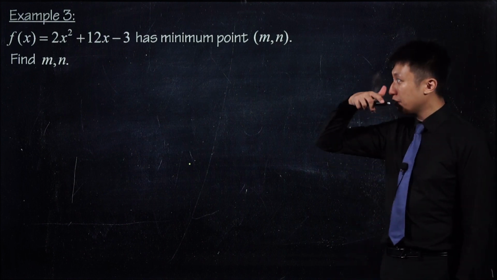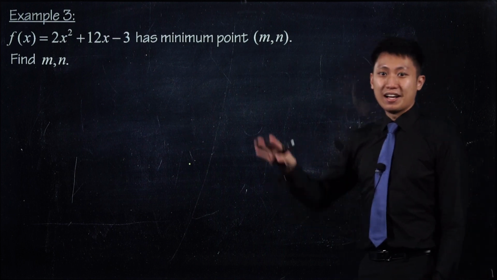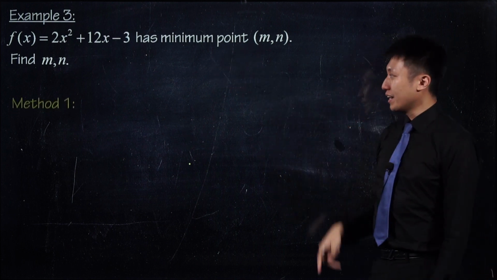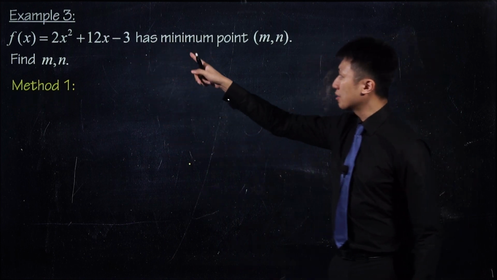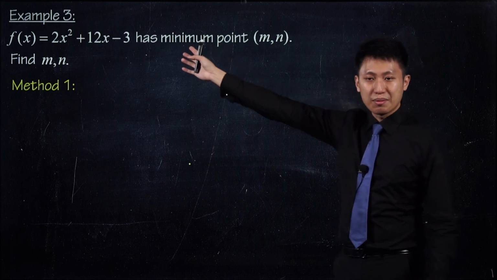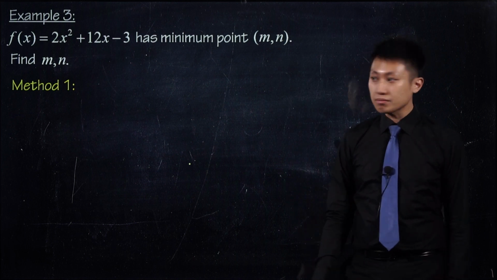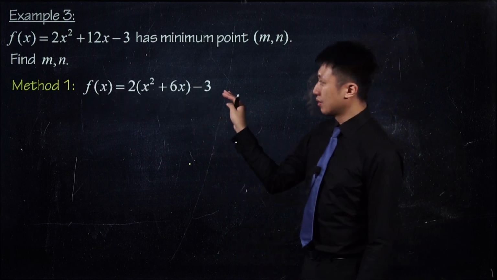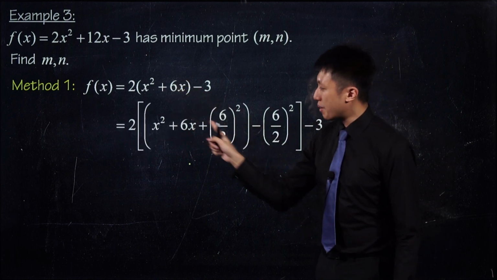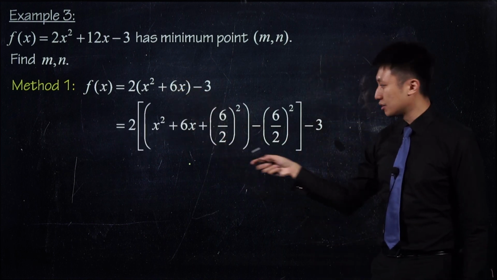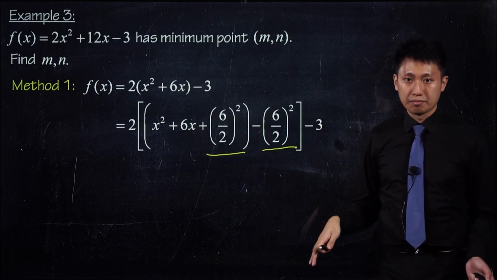Alright, so now the next one. I hope this is the last example, but it's very easy. Two methods. Let's do the first one. You have just a minimum point for this case because it's smiling. Minimum point (m, n). What do I do? I do completing the square: middle term divided by 2, squared, then minus, so that they cancel off and this line and this line are the same.